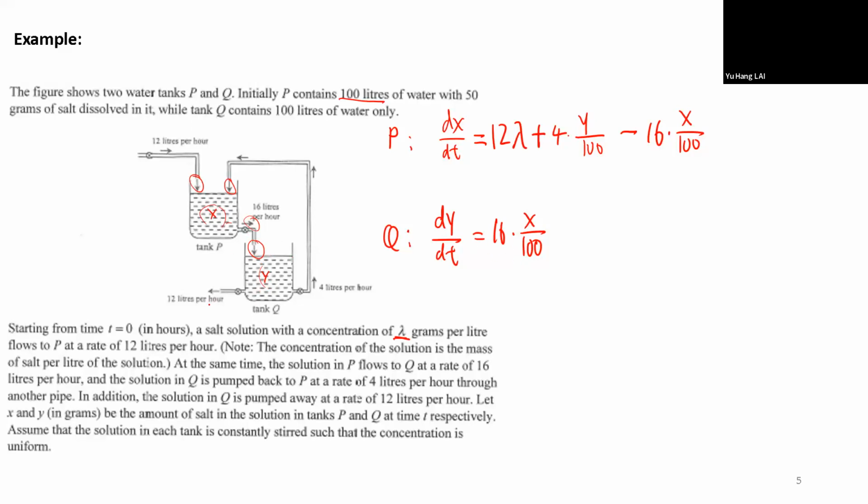Then there are two terms that make tank Q lose salt. The 12 that goes outside of the system is 12 times the concentration of tank Q itself, and then I have minus 4 going back to tank P, which is minus 4 times Y divided by 100.